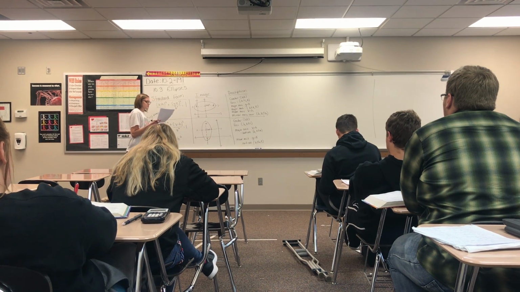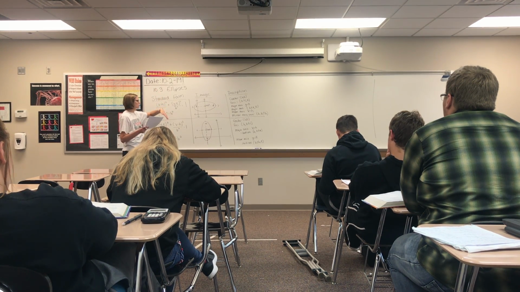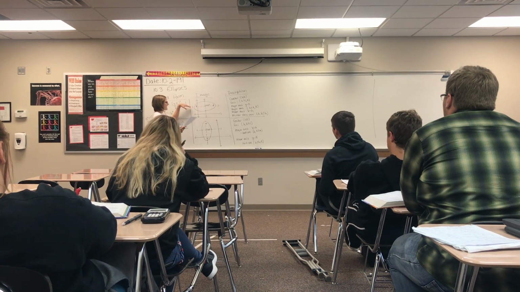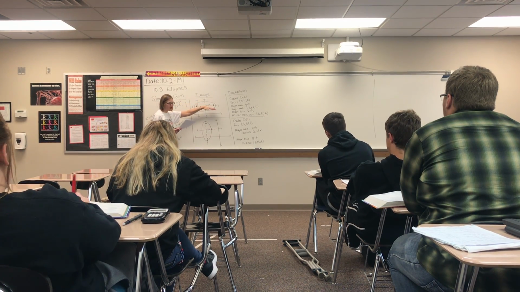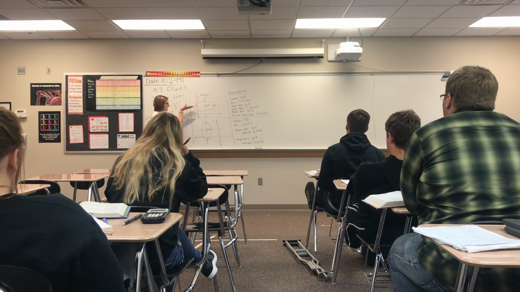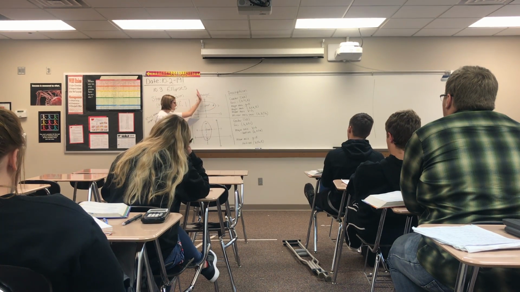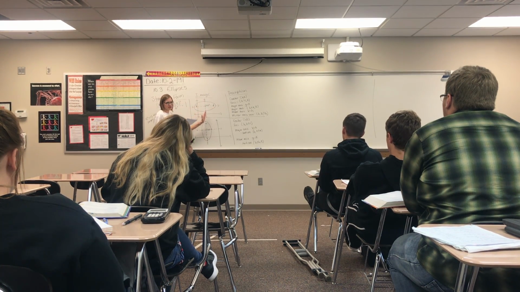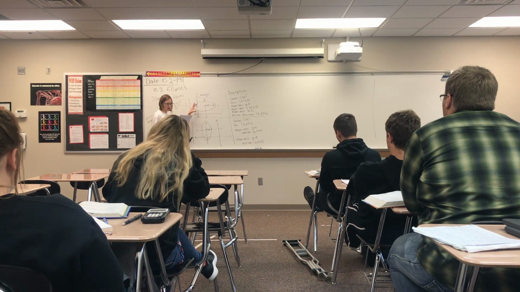Then we have our major axis and our minor axis. The major axis is the one that is the farthest across, at the widest point. The minor axis is the one that is shorter or more narrow.